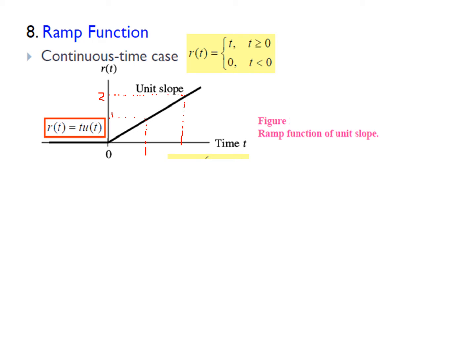So there I am writing t itself. Whatever time instant you reach, the same amount of amplitude the signal reaches in the vertical axis. So for every time t, the output is t itself for t greater than 0. When t is less than 0, it is 0. So this is nothing but the equation for a unit ramp signal.